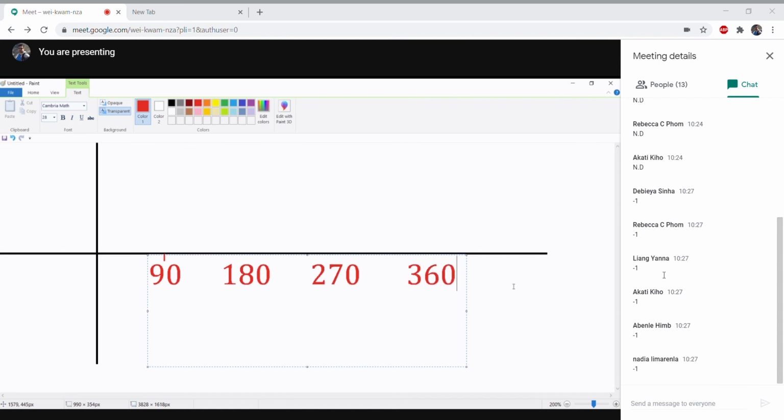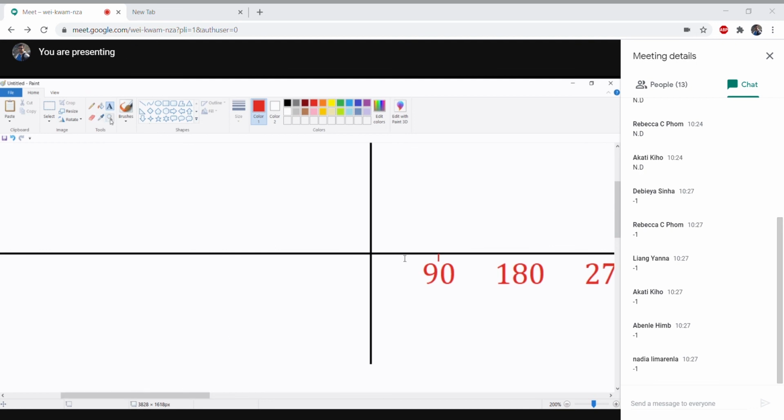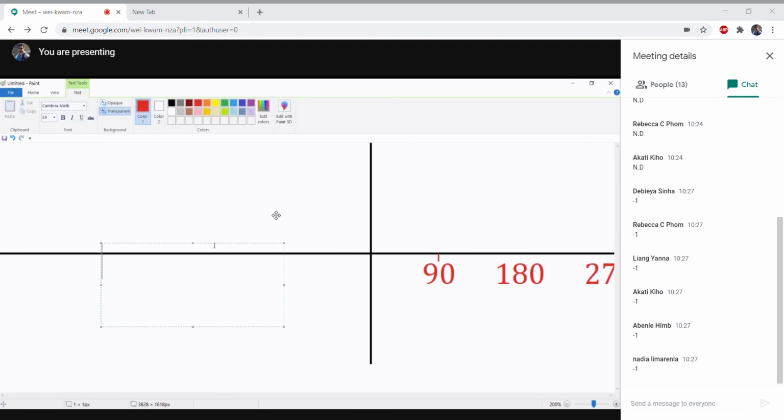Only this, and on the left-hand side I'm taking -90, then -180.